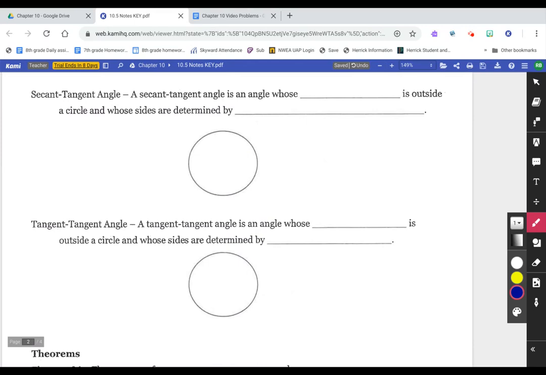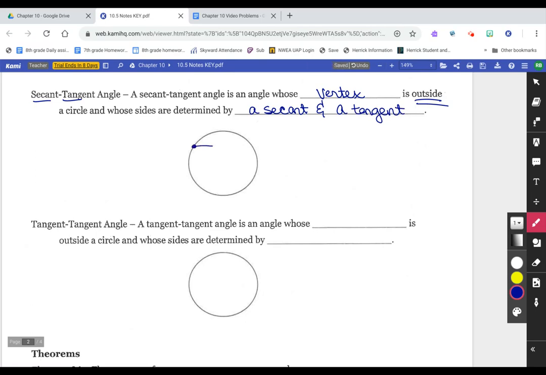A secant-tangent angle, again, its name tells you what it's going to be made up of. It's an angle whose vertex, again, is outside the circle and whose sides are determined by a secant and a tangent. So here would be a secant.